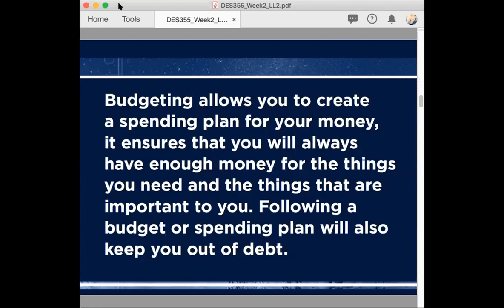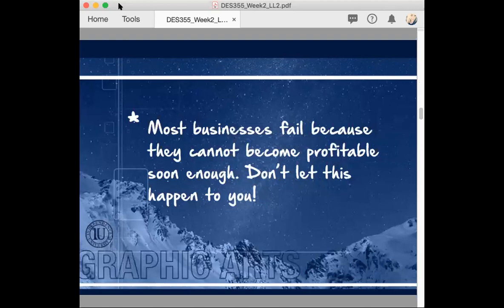Following a budget or spending plan will also keep you out of debt. So there are reasons that you follow a budget. Personally, but also if you're owning your own business, this is definitely key to your success. Most businesses fail because they cannot become profitable soon enough. Don't let this happen to you.